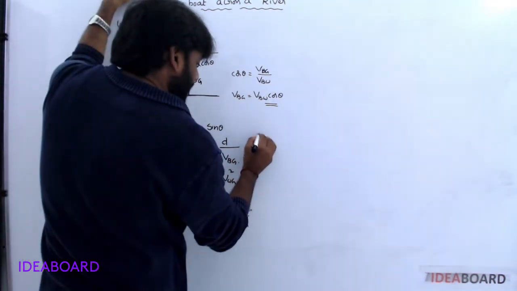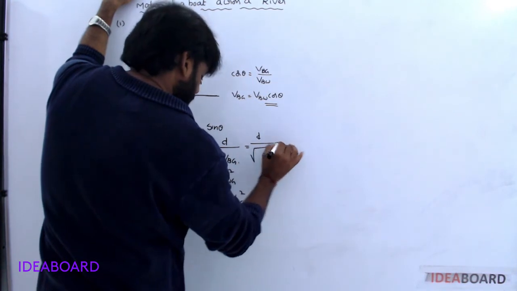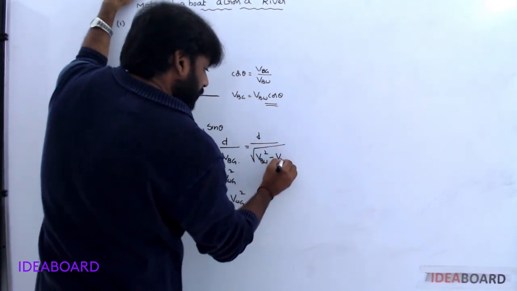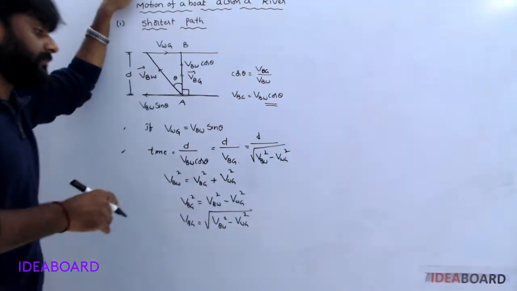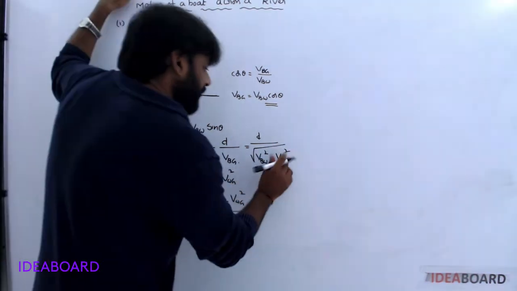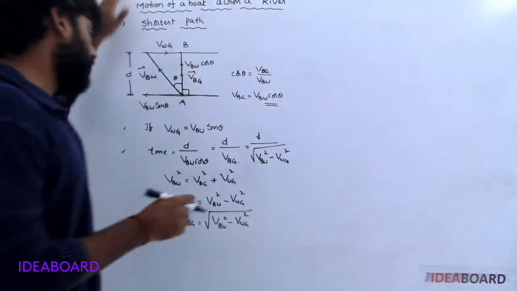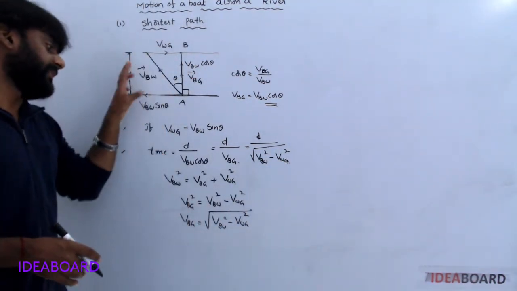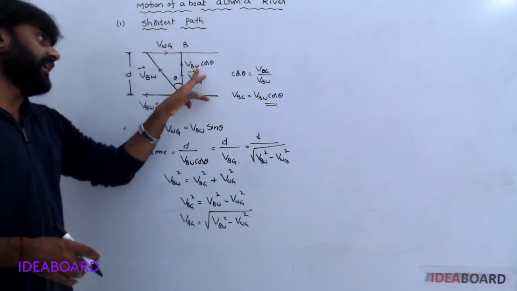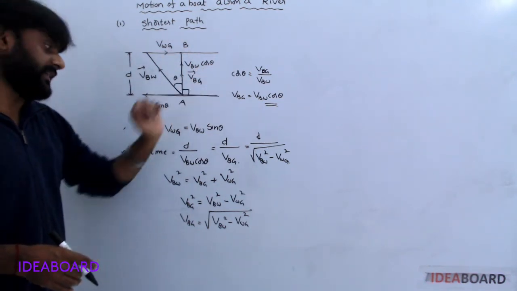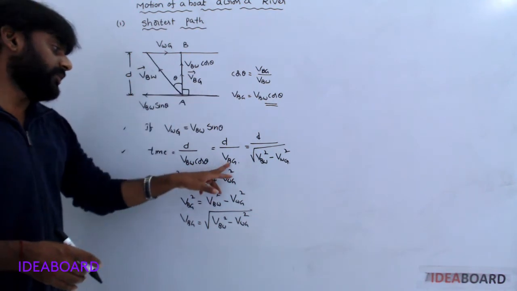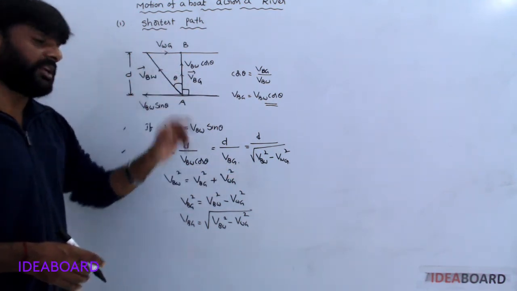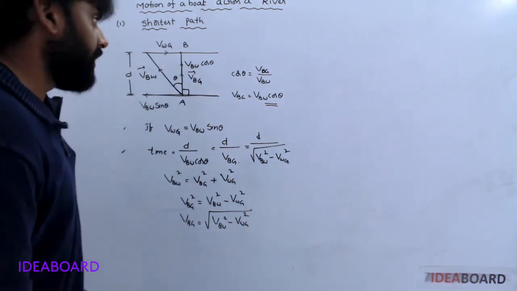So time can also be written as d by the square root of boat with respect to water square minus water with respect to ground square. Understood? Okay. So in this case, time is equal to width of the river by the velocity along this direction, boat with respect to water cos theta, or boat with respect to ground, or the square root of boat with respect to water square minus water with respect to ground square. Understood?